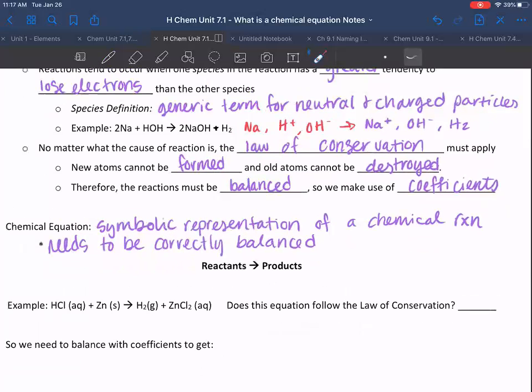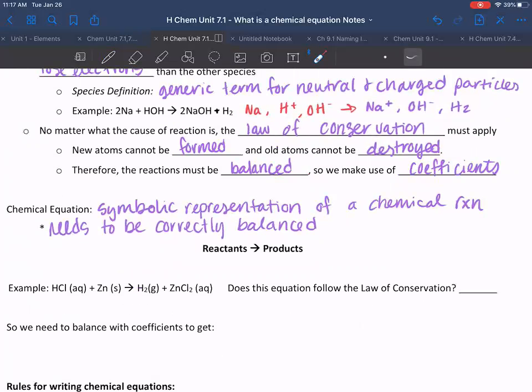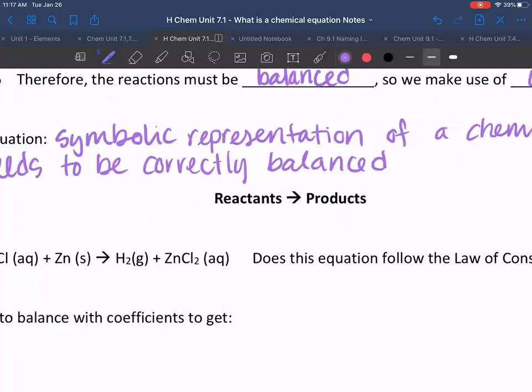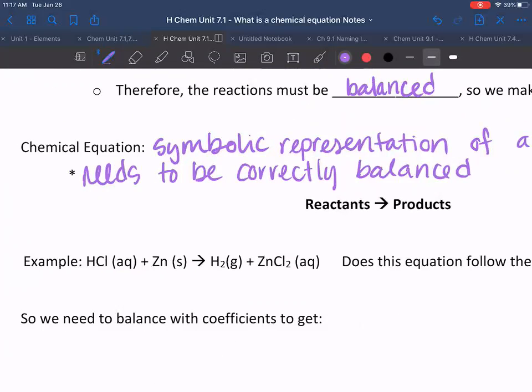And so when we look at an equation, like I said, first thing we want to do is make sure if it's balanced and follow the law of conservation. And the way we do that is we count the atoms of all the species. So is this equation balanced? Does it follow the law of conservation?